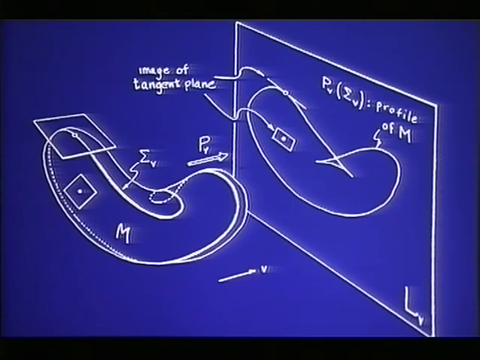There are certain points, like the point near the top left of the sort of kidney bean shaped surface, where a tangent plane is drawn to the surface there, and when this is projected in the direction of v onto this image plane on the right, the tangent plane collapses to a line. The image of that tangent plane is a single line, and what this indicates is that the surface there is appearing to fold away from us as we look in that direction. And on the surface there is a curve of points, which on the slide is called sigma v.